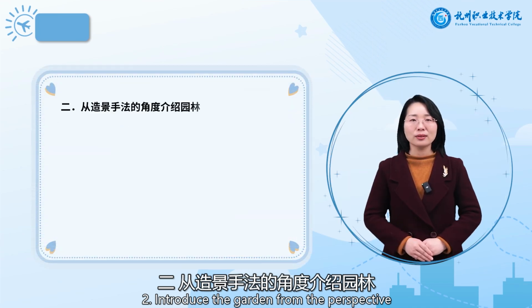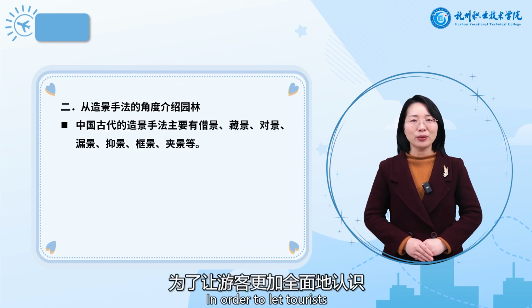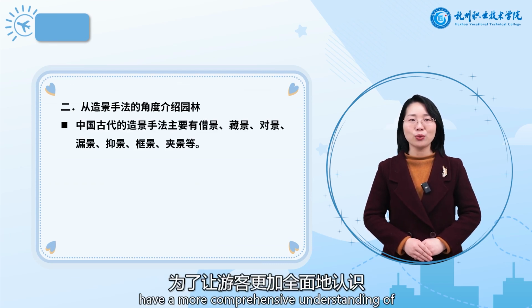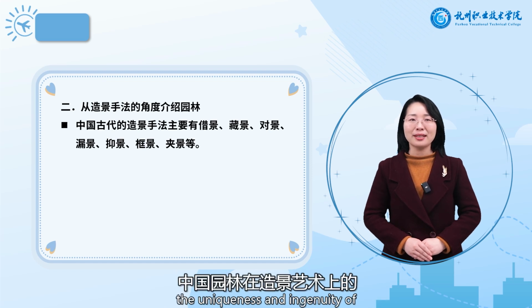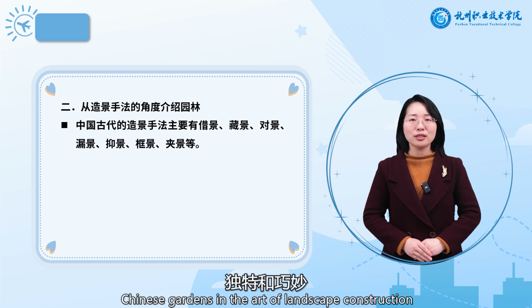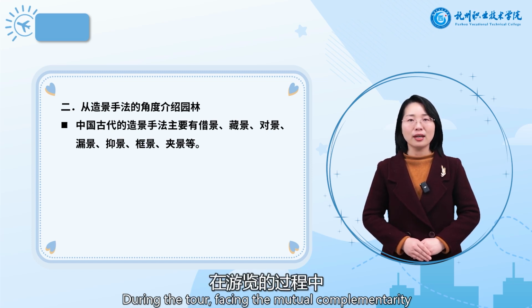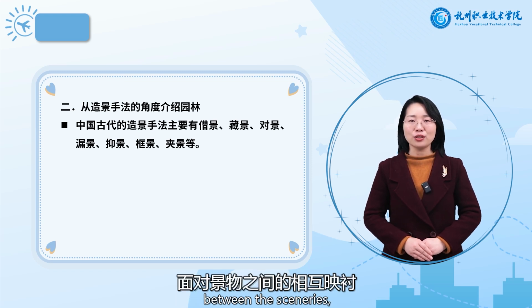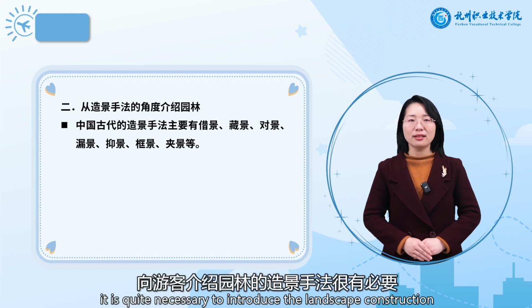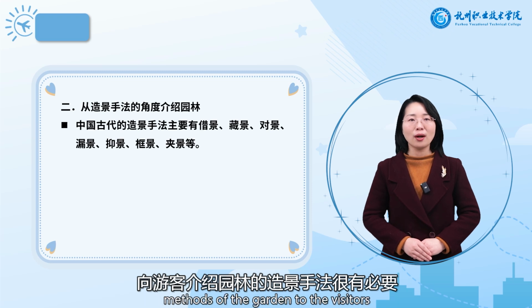Introduce the garden from the perspective of landscape construction techniques. In order to let tourists have a more comprehensive understanding of the uniqueness and ingenuity of Chinese gardens in the art of landscape construction during the tour, facing the mutual complementarity between the sceneries, it is quite necessary to introduce the landscape construction methods of the garden to the visitors.